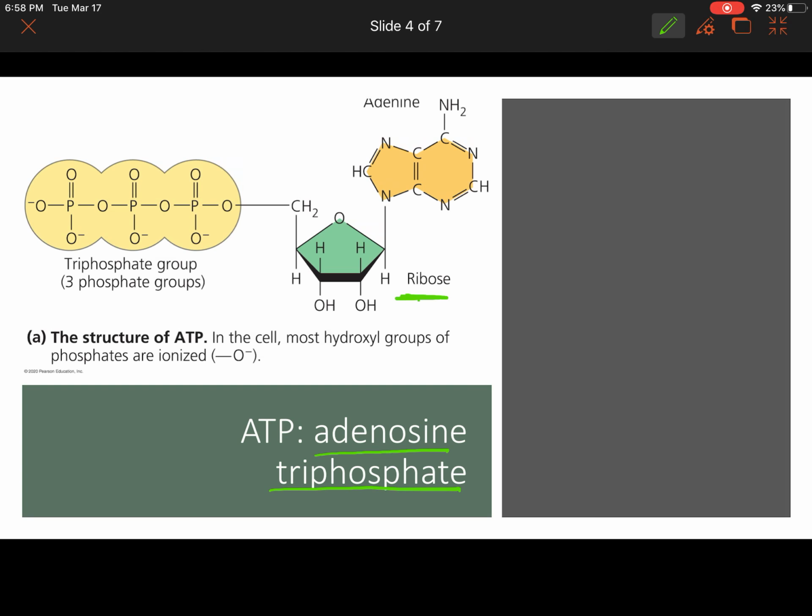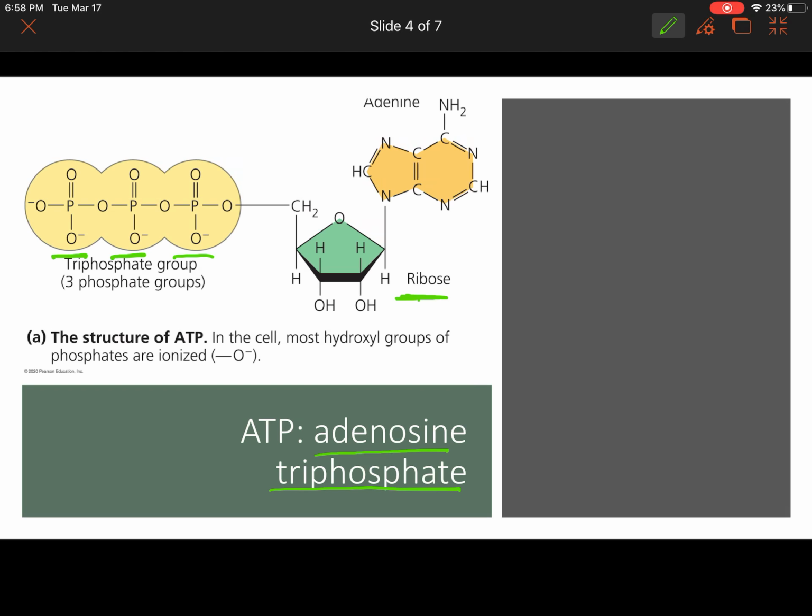The main difference is that this is the triphosphate version. So there are 3 phosphate polyatomic ions attached to the sugar instead of just one phosphate group on that 5' carbon.